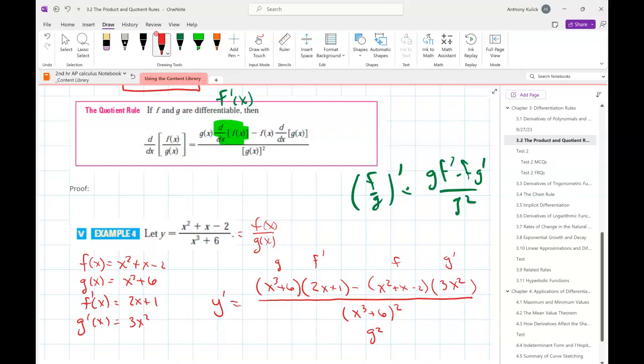Now, is this the way this answer is going to look in the back of the book? No. What are they going to do? Well, there's no solving because it doesn't equal anything, but they're going to simplify, particularly the numerator. The denominator, I doubt they're going to do anything to, but the numerator, they're going to FOIL out and combine like terms. But you could leave it like that.